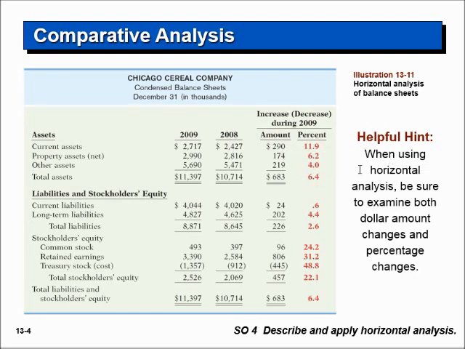This type of analysis, going sideways horizontally one year to the next, tells us that we changed by 290 or 11.9% in our current assets. So our total assets, we went from 10,714, it's in thousands, to 11,397. That's a change of 683 or 6.4%.